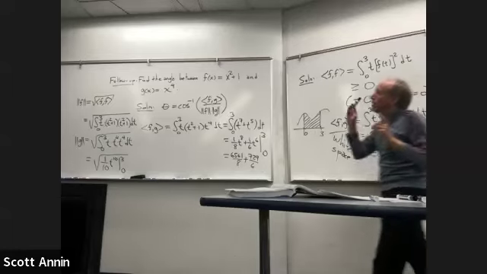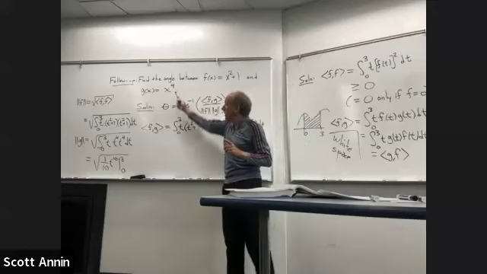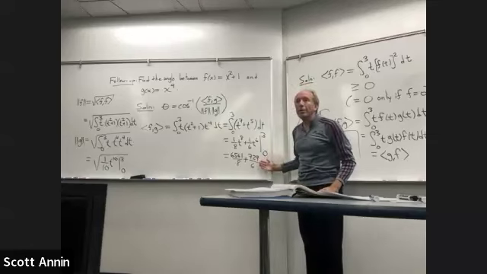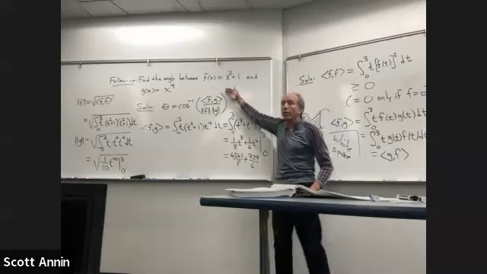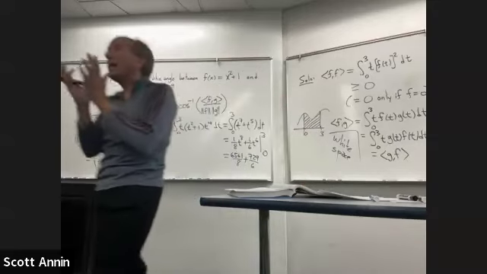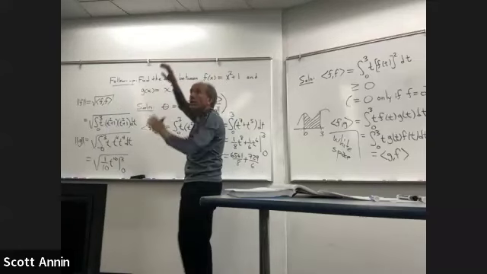Quick question: if we find out that this angle is not 90 degrees, which by the way I don't think it's going to be because the numerator here is not 0, then that would mean that these vectors are not orthogonal.